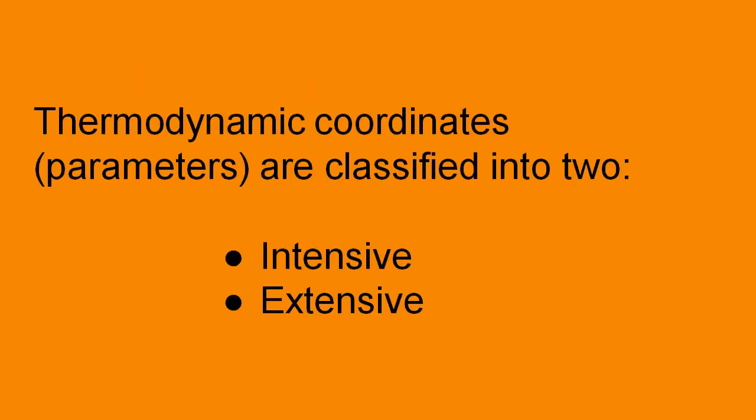And the thermodynamic coordinates you are mainly classifying as intensive thermodynamic parameters or intensive thermodynamic quantities as well as extensive quantities. Intensive and extensive, and this term is also familiar to you.